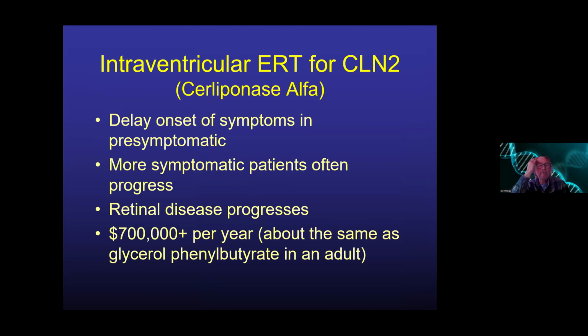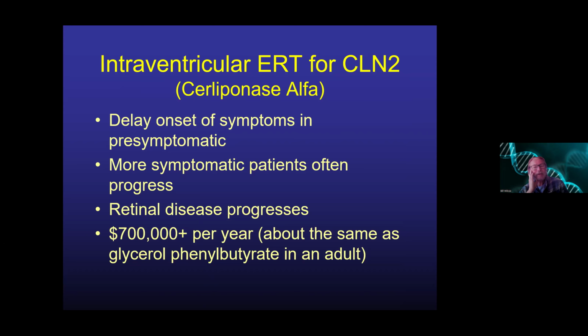So the one that's approved is intraventricular ERT for CLN2. This requires that you get a port and you go get it injected periodically. It will delay the onset of symptoms in a pre-symptomatic patient.